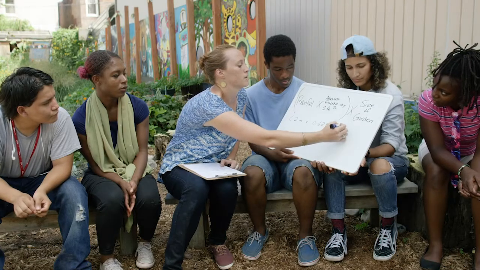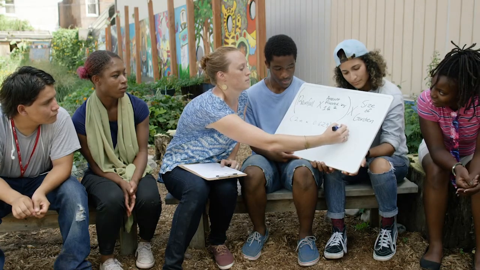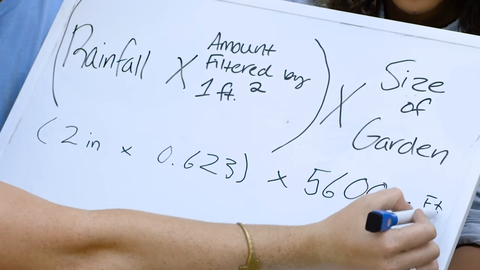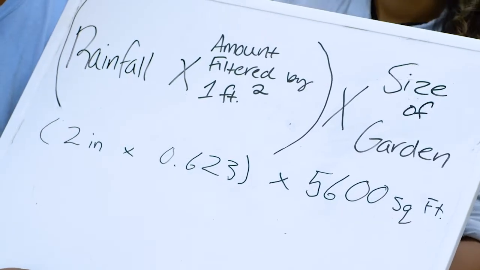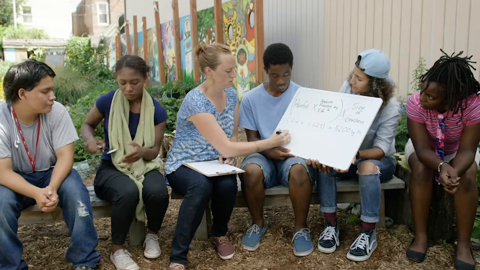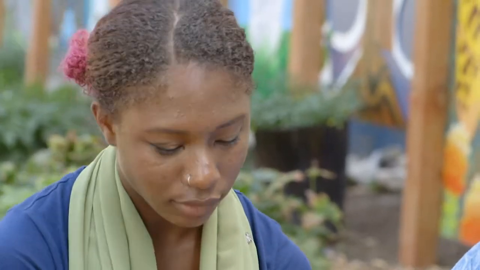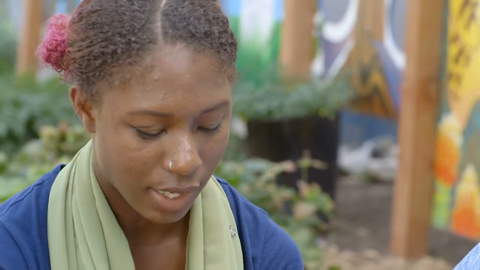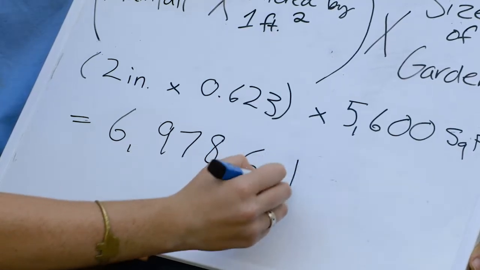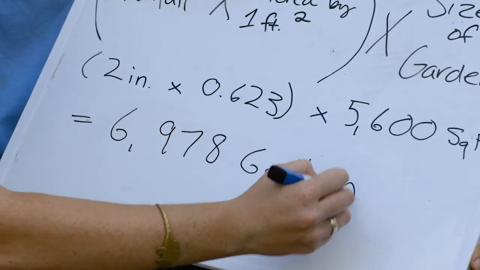And how big is our garden? 5,600 square feet. All right. So Viana, do you want to calculate that for us? 6,978 gallons of water.